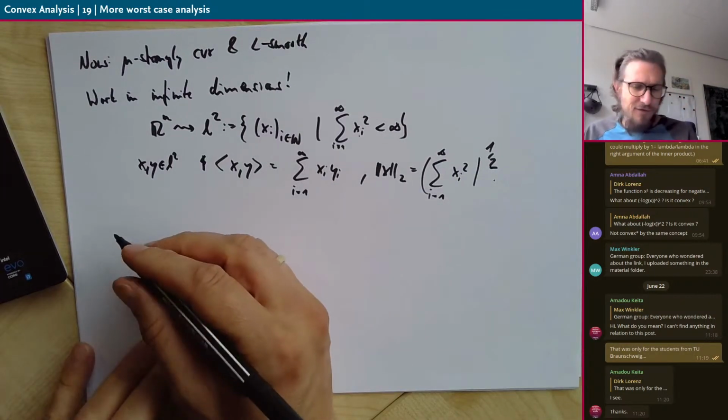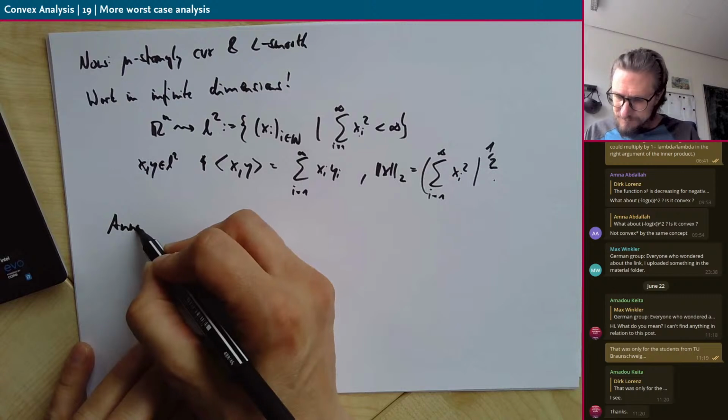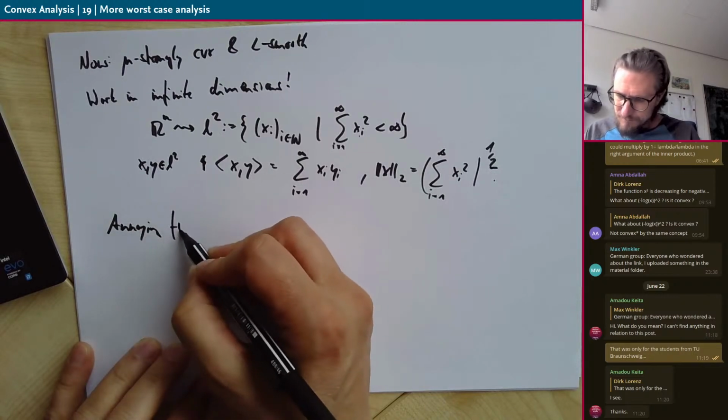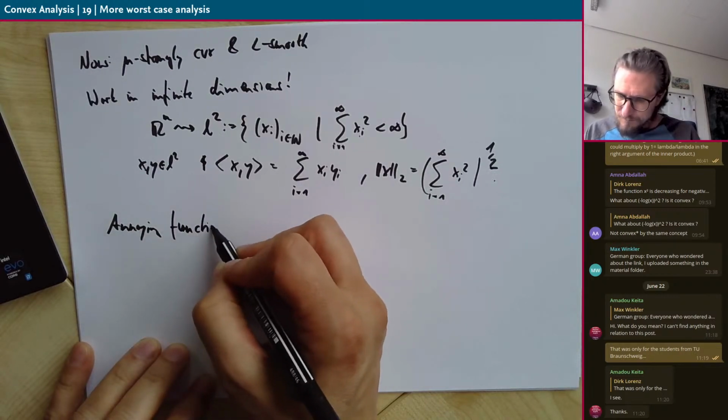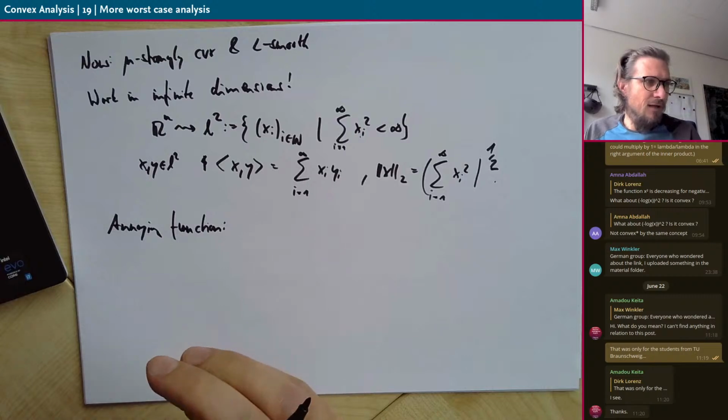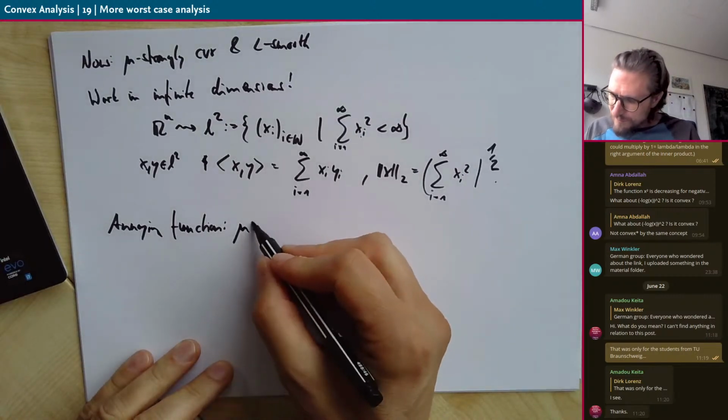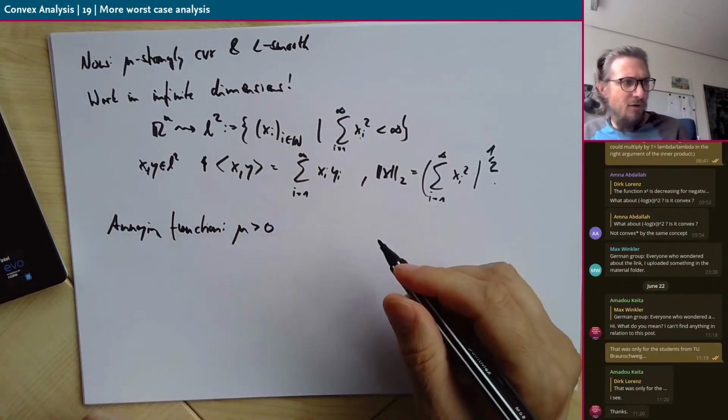So here's the annoying function. We need two constants. One is the constant of strong convexity, mu.